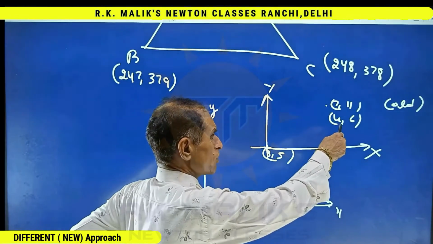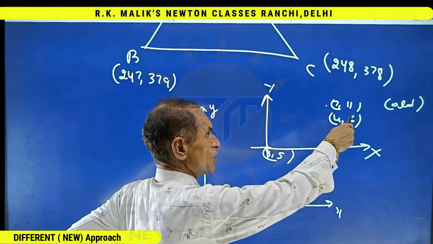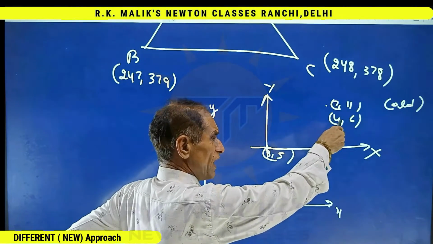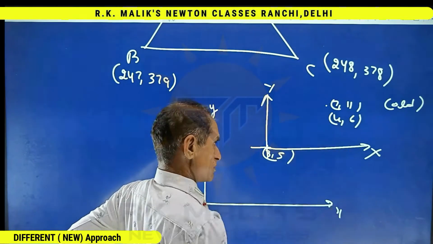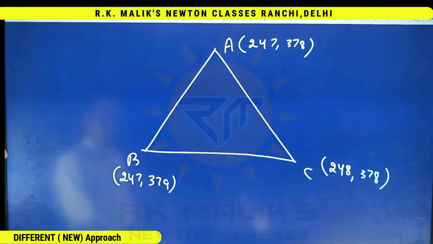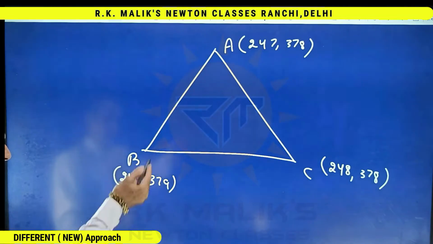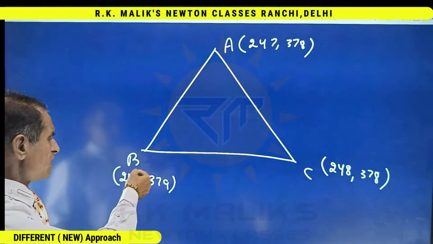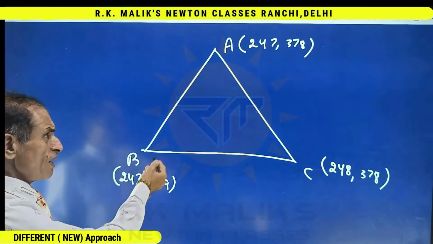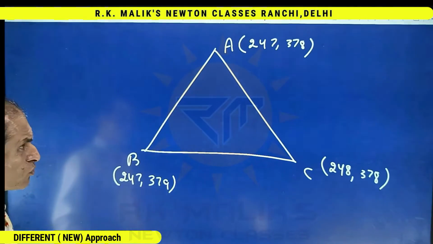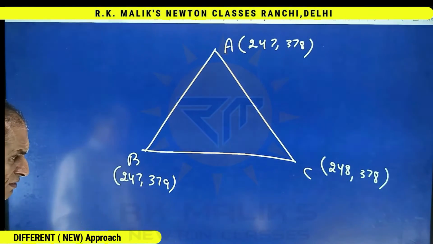And if the new x coordinate, y coordinate are known to you and you want to find the old, then add these numbers. As you can see very easily, all the x coordinates are near to 247 and all the y coordinates are near to 378.